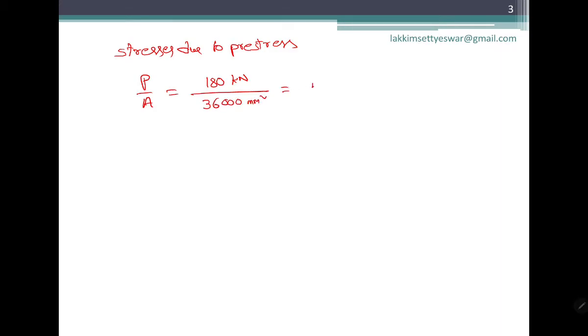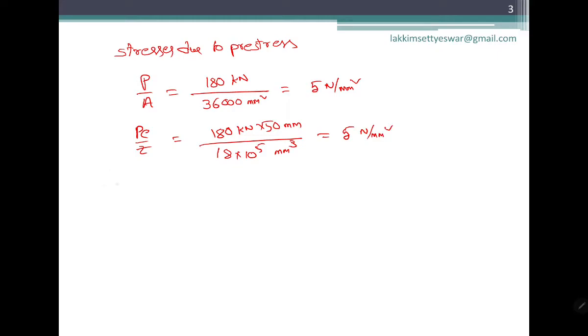After solving this we will get 5 Newton per mm square. And bending stress due to pre-stressing force is 180 kN into 50 mm divided by section modulus 18 into 10 power 5 mm cube, that is equal to 5 Newton per mm square.